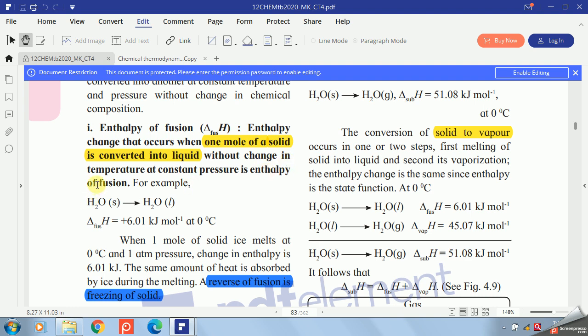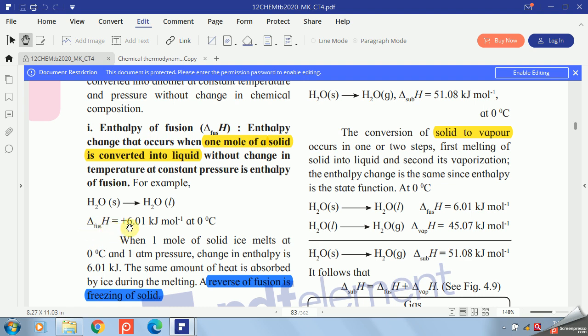All these things you have to mention in your answer. Then let us consider the example: H2O solid, that means ice, is converted into H2O liquid. Here ΔH fus means enthalpy of fusion; the word fus for fusion is written as a subscript to the delta H.